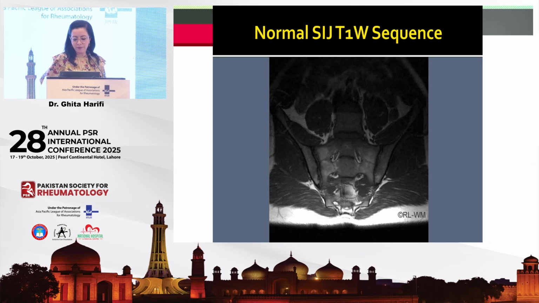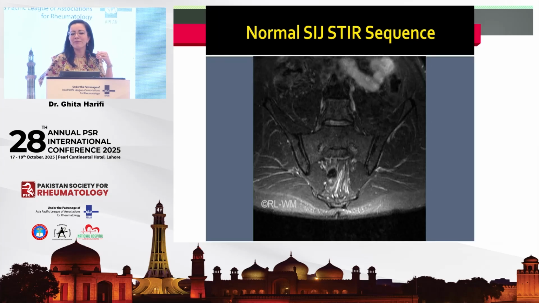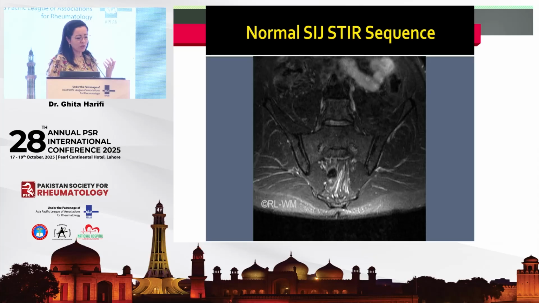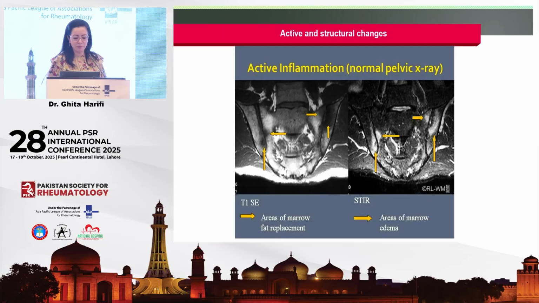So remember, T1 is to look for things like erosions, sclerosis, and fat metaplasia, basically. On STIR, the fat is suppressed, and the STIR sequence detects the signal from free water. So blood vessels and cerebrospinal fluid therefore appear bright, and the signal from fat is suppressed.